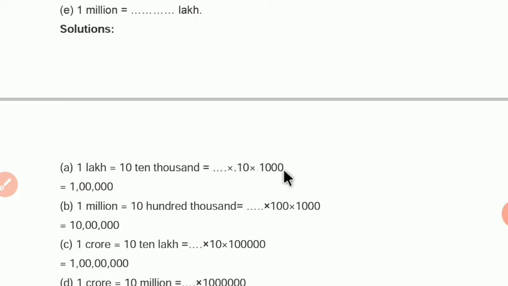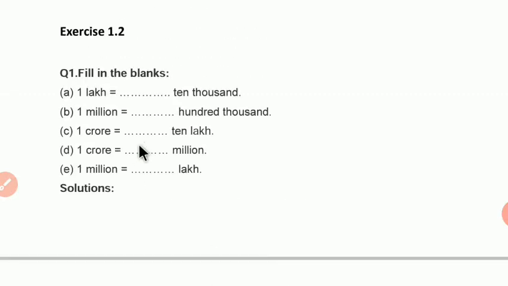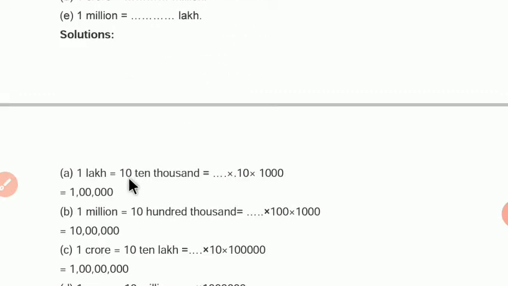And we know that 1 lakh has total 5 zeros. Out of 5 zeros, how many are given? 4. So how many zeros do we need to make a lakh? Only 1 zero. It means if you multiply 10,000 by 10, we will get 1 lakh. So in place of the blank it will come as 10.